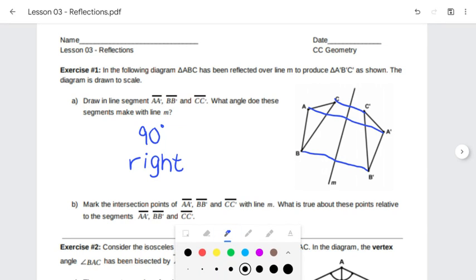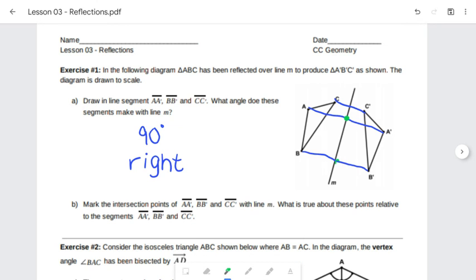Now we're going to mark the intersections of A to A prime, B to B prime, and C to C prime, okay? These points are all the midpoints relative to each individual segment, okay? They're going to bisect our segment. So each segment's bisected through that point.